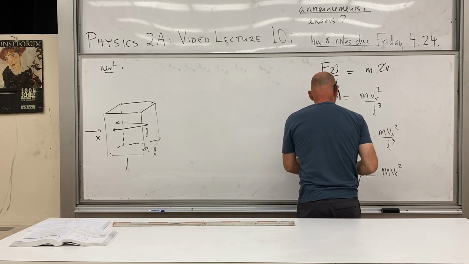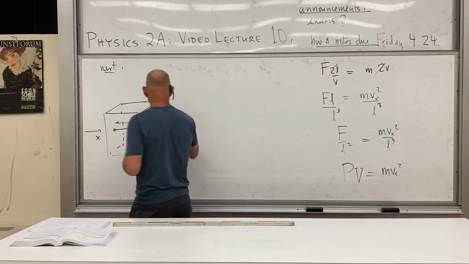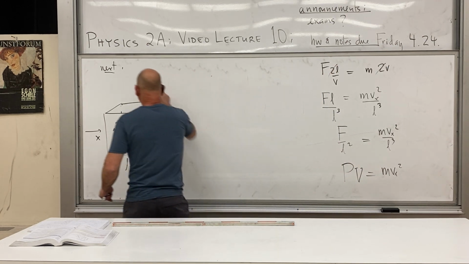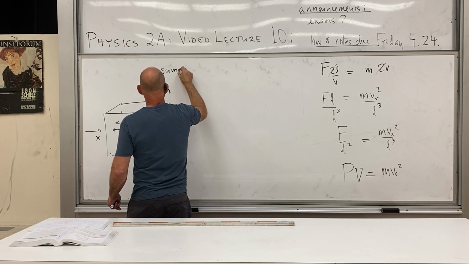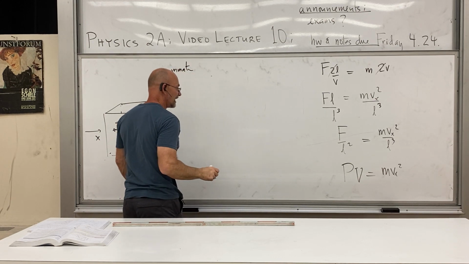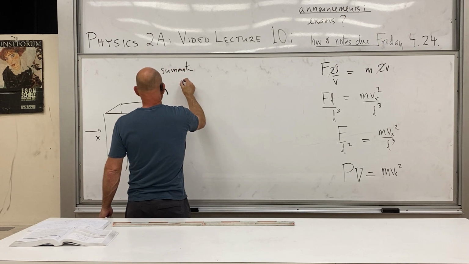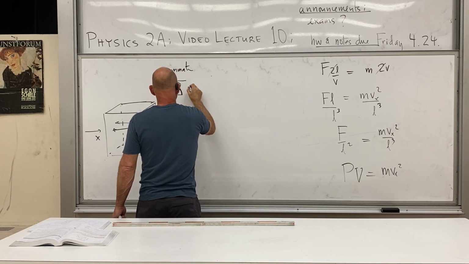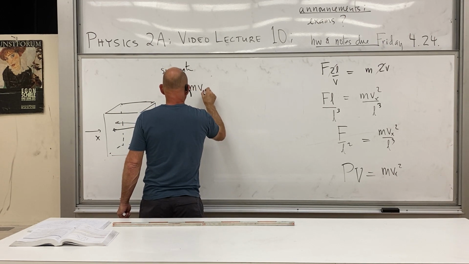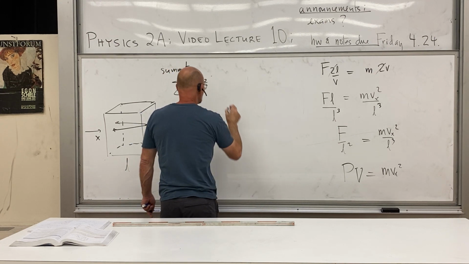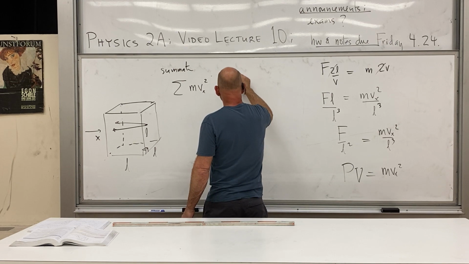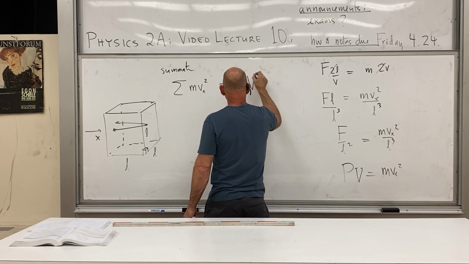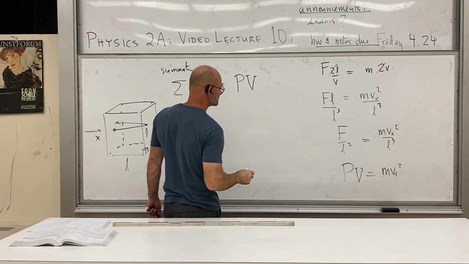Okay. So next we're going to sum. So we're going to do a summation, and then what we're going to have is the sum of all these M Vx squared is going to be pressure times volume.